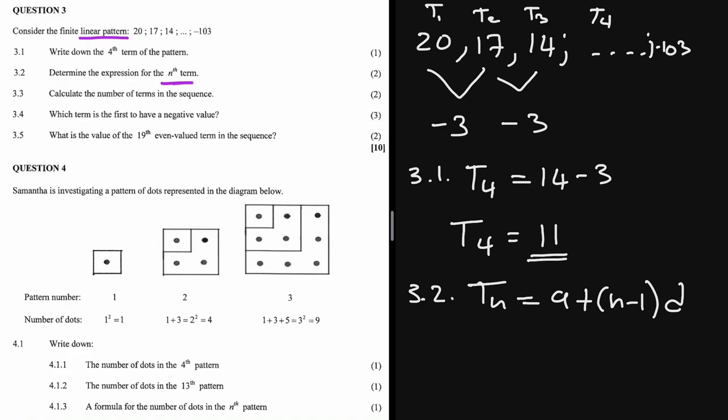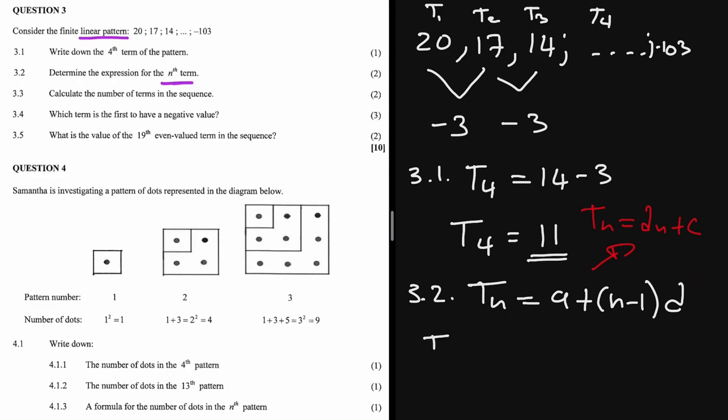Remember, you will still be correct if you use your old equation Tn = dn + c, but that equation was from grade 9. The arithmetic equation is much easier because we just have to substitute the value of a and the value of d to get the answer.